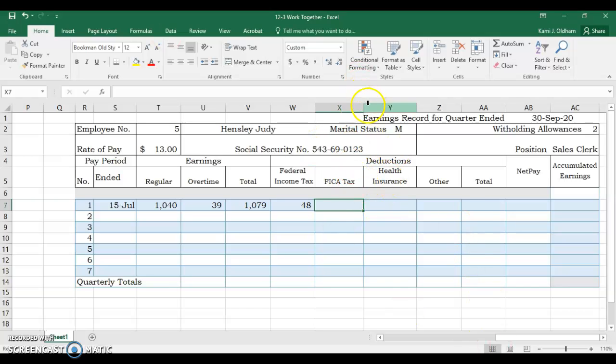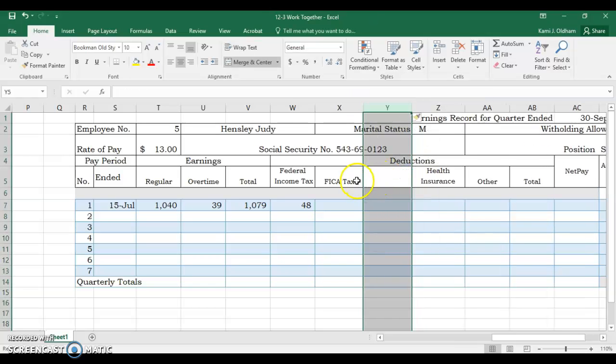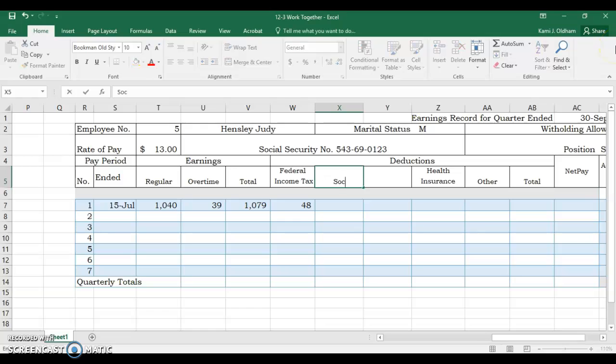Now remember, mine's different than yours. Let me fix it real quick. So we have here Social Security, Medicare, sorry about that. So Social Security is $66.90, Medicare is $15.65, health insurance of $60, other of $15.